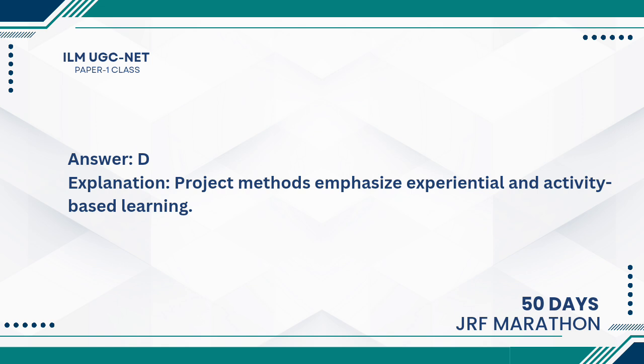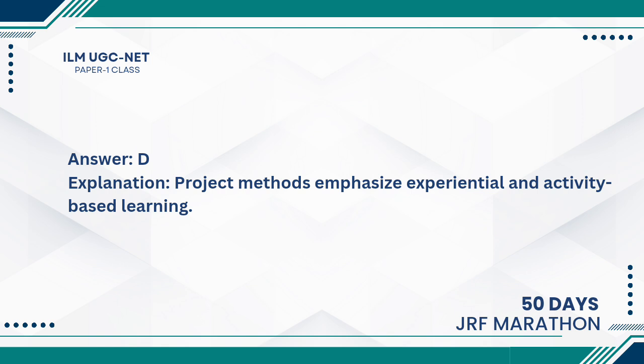So the recommendation of the Secondary Education Commission in 1952-53 that most closely aligns is activity and project methods, which is a form of experiential learning. That is learning through experience. Or we can also say that is learning through doing.